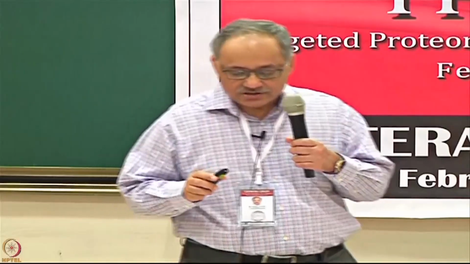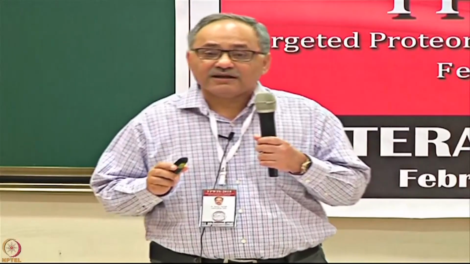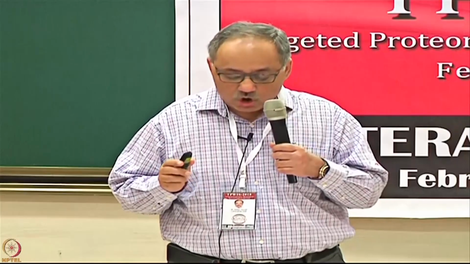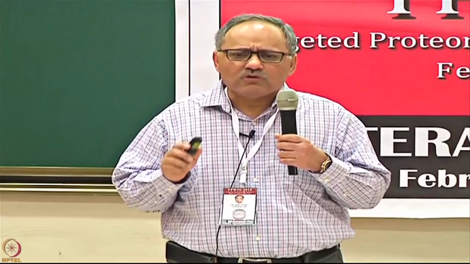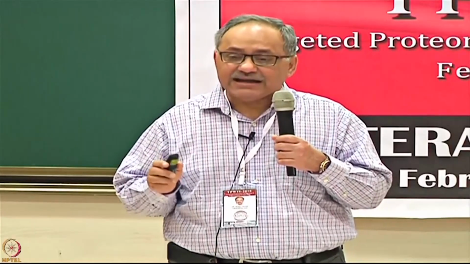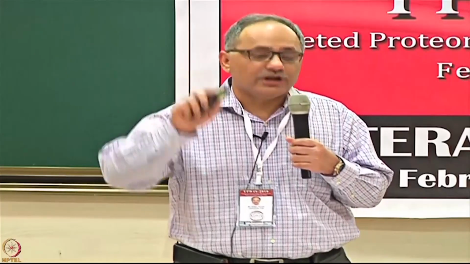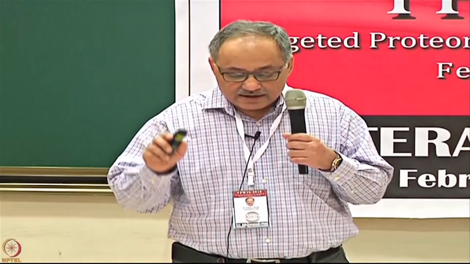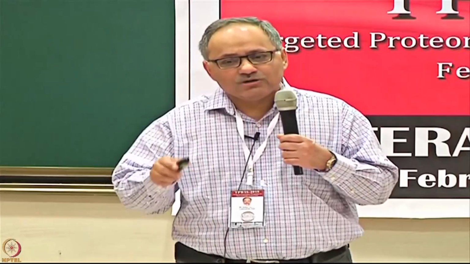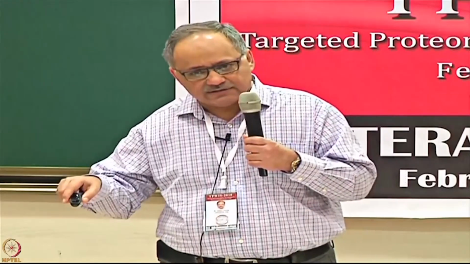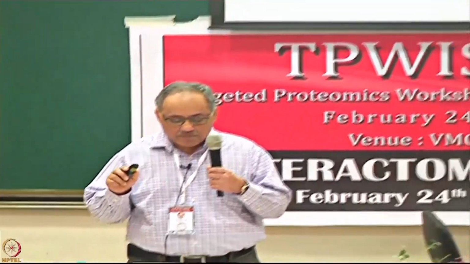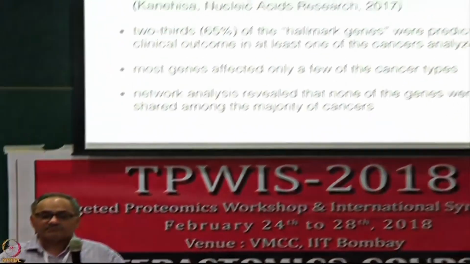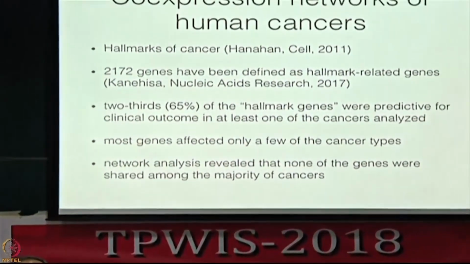Now, there was a publication in 2011, a very famous publication which was called Hallmarks of Cancer. In that, there were 2000 odd genes which were defined as hallmark genes of cancer. It's the biggest work of its kind up to date. When we studied those hallmark genes in our data, 2/3 of them, 65% of them, were predictive for the clinical outcome in at least one cancer.